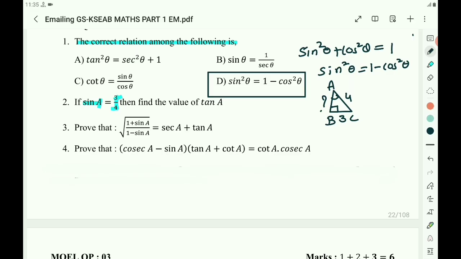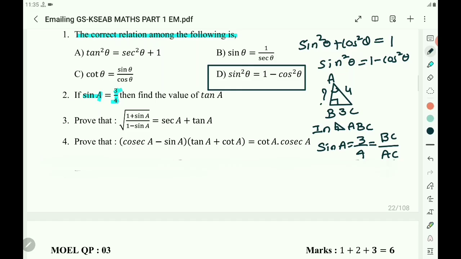Then you write in the right angle triangle ABC, what is given? Sin A is equals to 3 by 4, which is equals to what? Opposite side BC by hypotenuse AC.